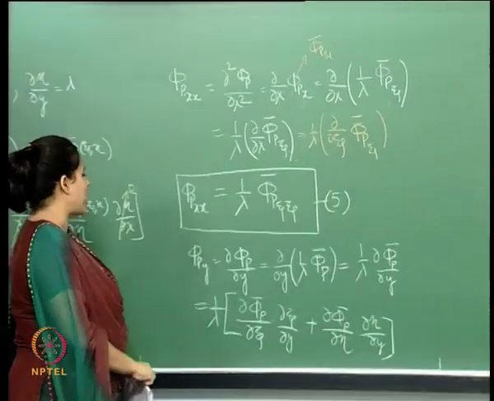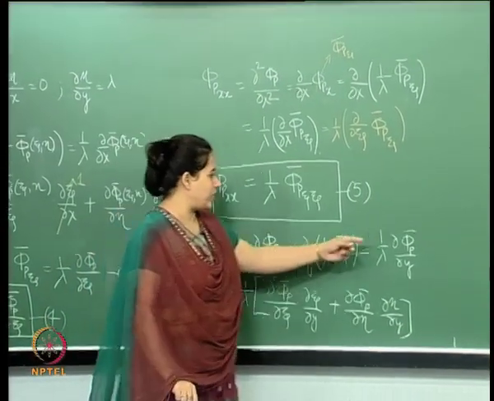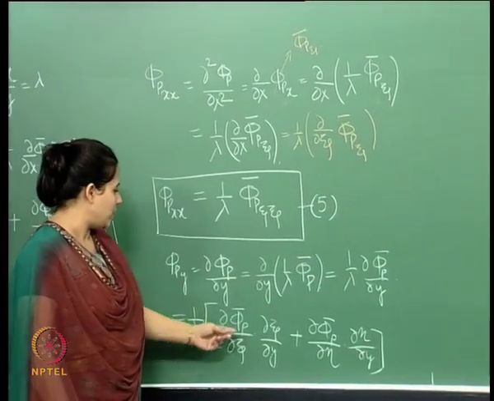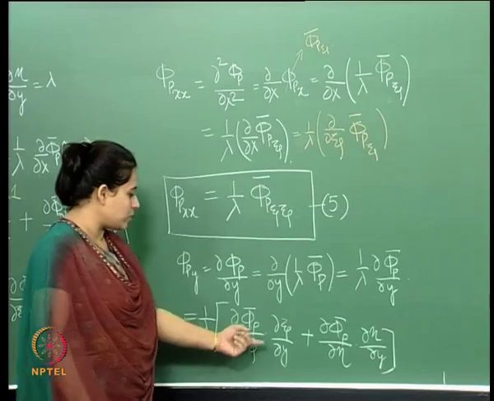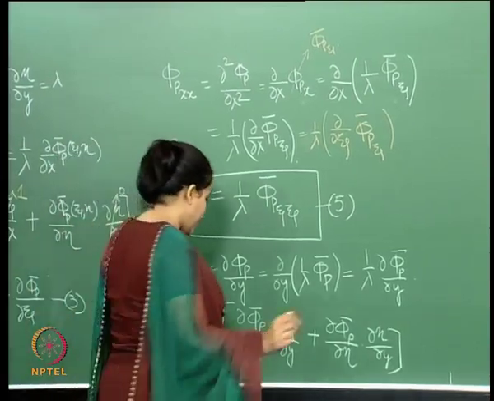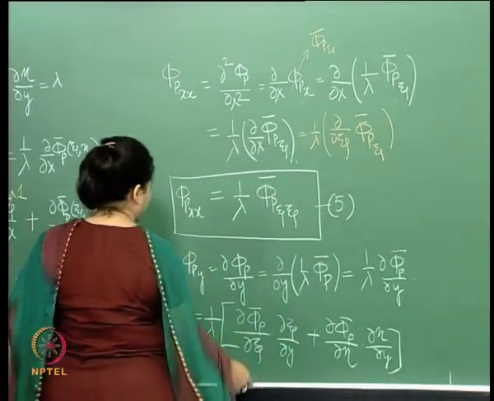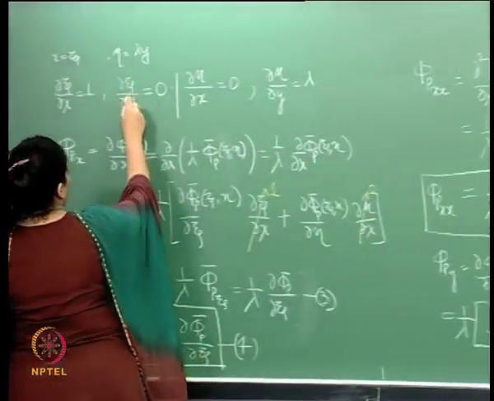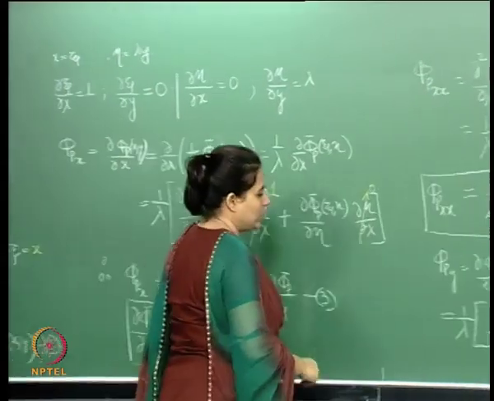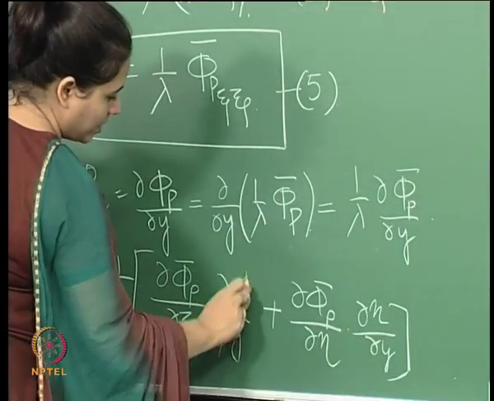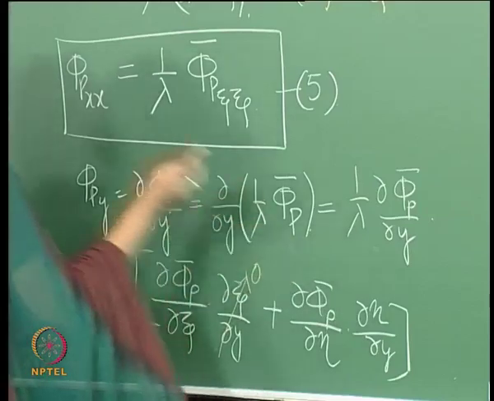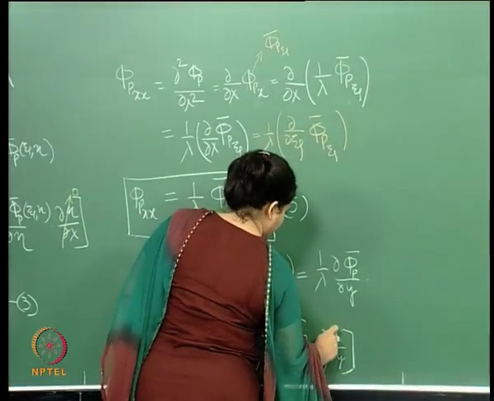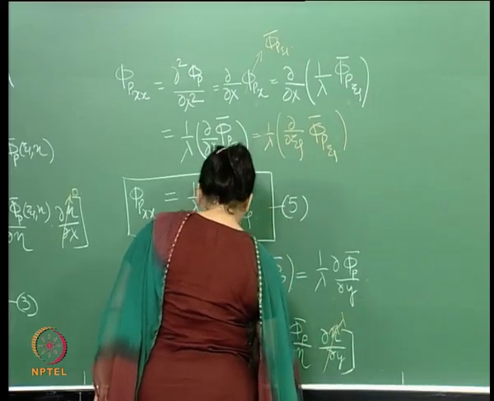So basically we are tracking the change of the perturbation potential in the transform coordinates with respect to the change of both coordinates with respect to y. And again, as we have seen before, del z del y is 0. Del eta del y is equal to lambda.